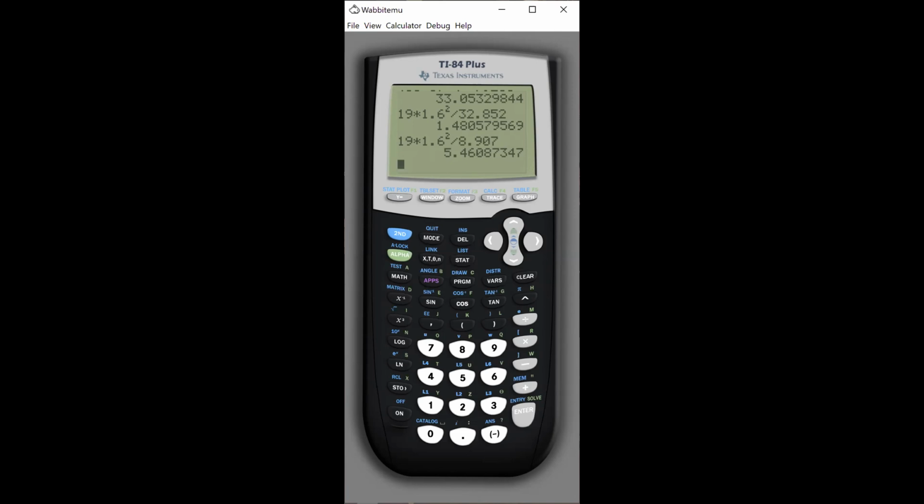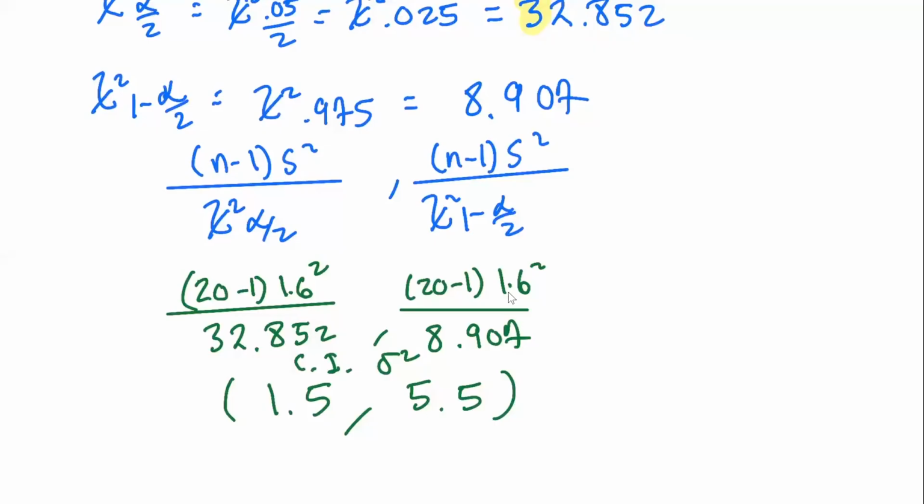So far, I have the confidence interval for variance. So the confidence interval for variance is going to be anywhere from 1.5 to 5.5. Any question in regard to that confidence interval for variance?